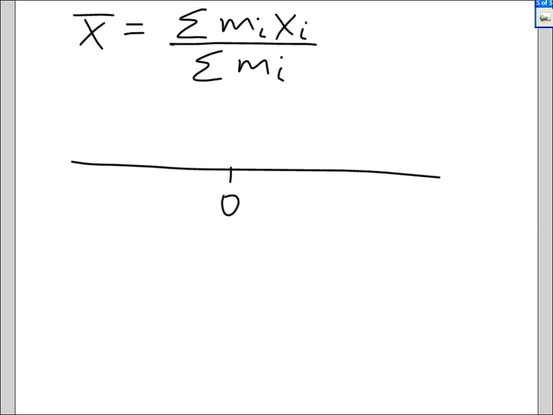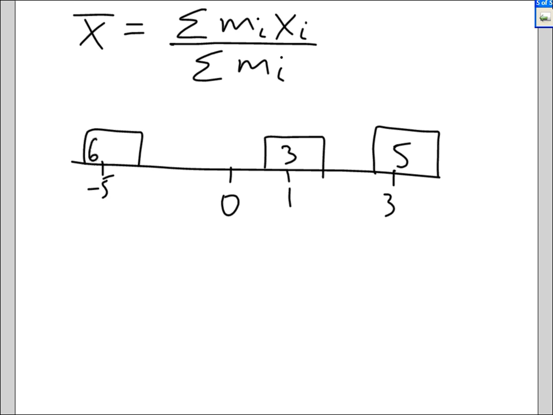And at -5, you have a mass of 6 kgs, at 1 a smaller mass of 3 kgs, and at 3 a bit bigger one, 5. What is x bar? That is, where should you put the fulcrum?